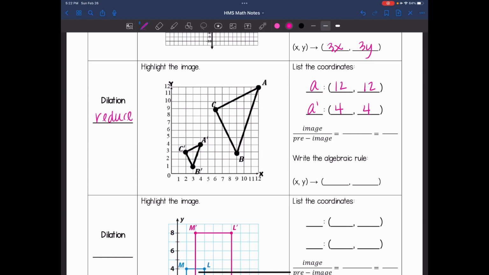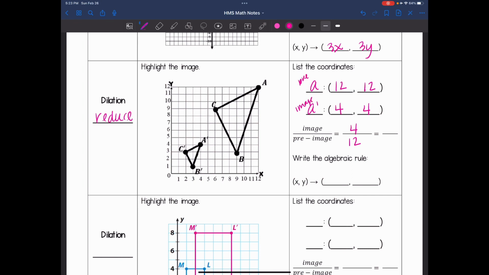All right, so image over pre-image, I have image, nope, image 4. Don't make that mistake. Because you will get a completely different number. Image 4, right? Maybe let's label them here too.